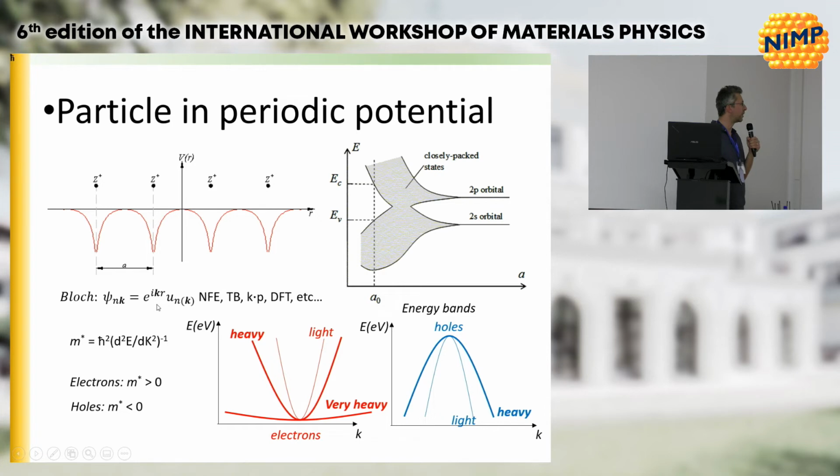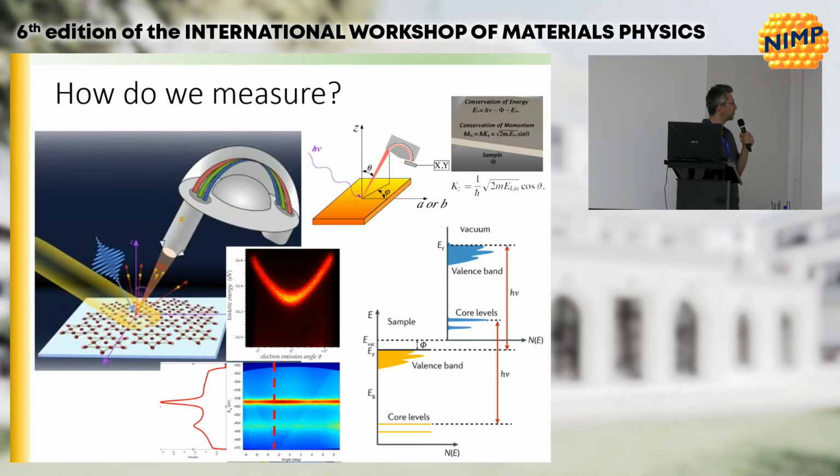We have wave vectors, we have a periodic potential, so depending on how the energy of these bands varies in the reciprocal space, we have either electrons which disperse like that, we have holes which disperse like that, light and heavy, and basically they encode all properties, electronic properties, and the functionality of materials.